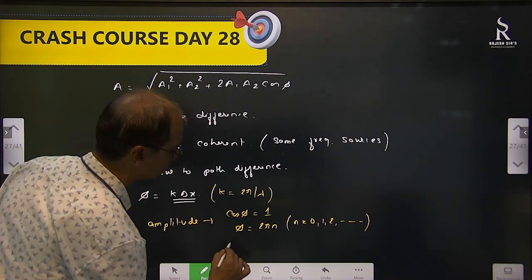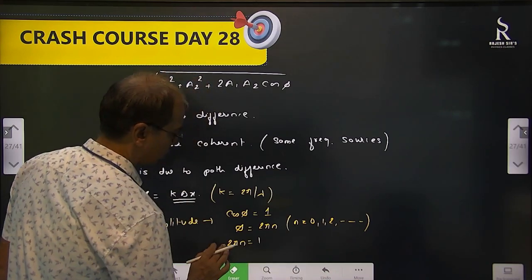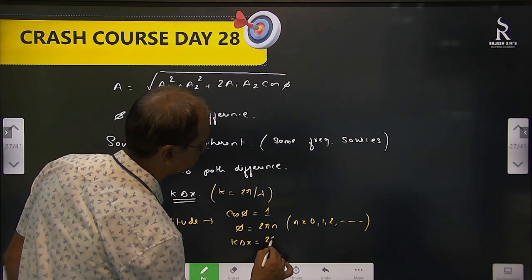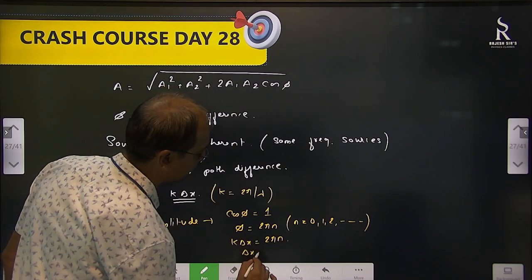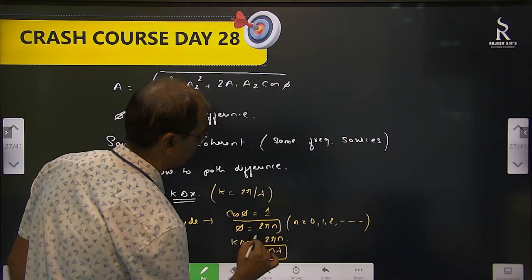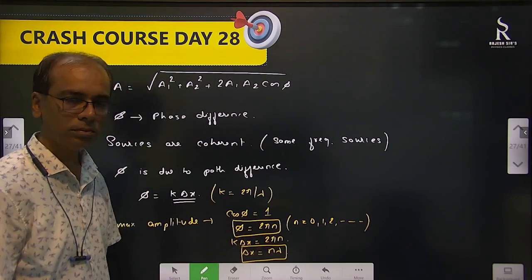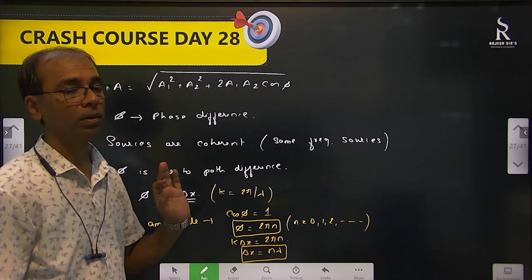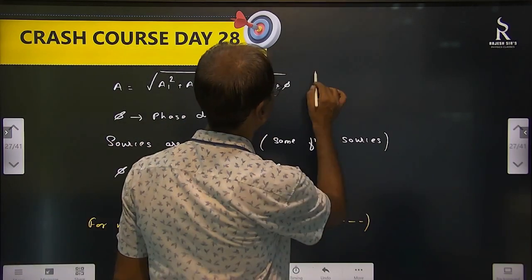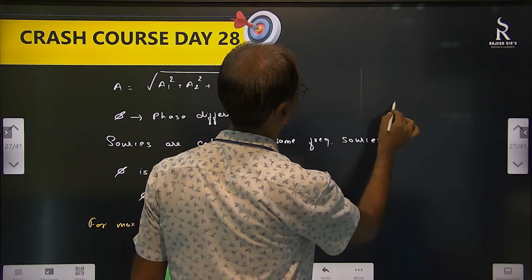So in place of phi, we can write k delta x equal to 2 pi n. So delta x will come out to be n lambda. So for maximum amplitude, phase difference is 2 pi n and delta x value is n lambda. Okay. For maximum. For minimum amplitude, cos phi should be -1.